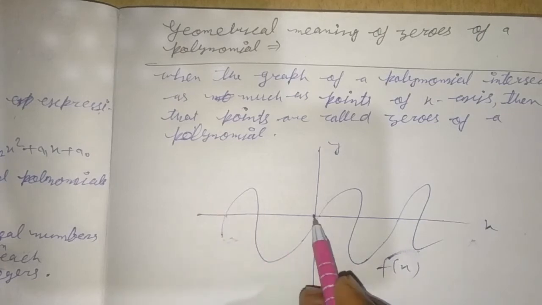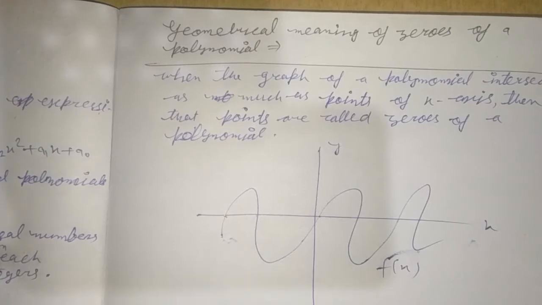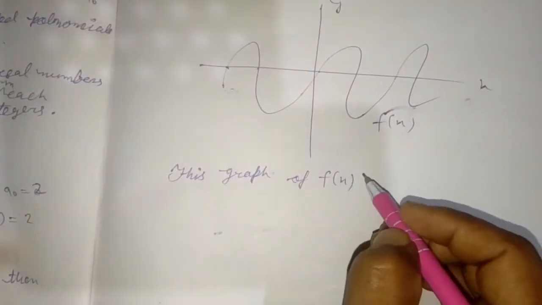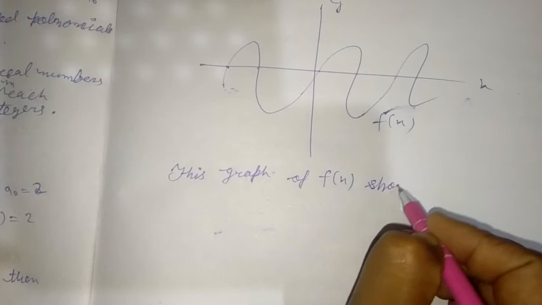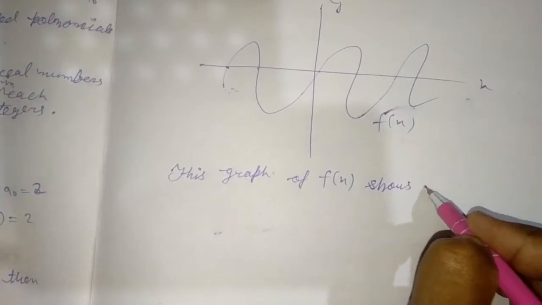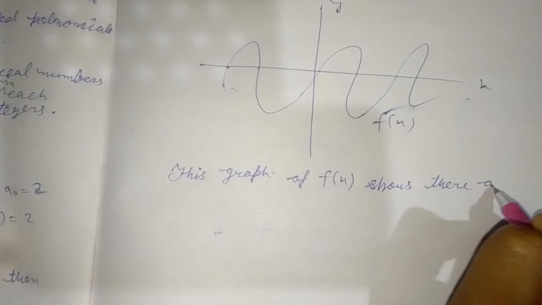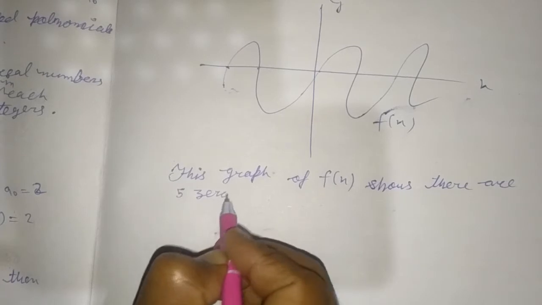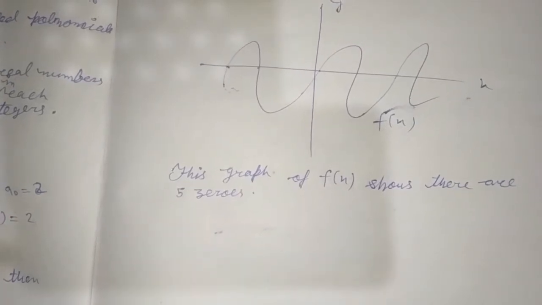Okay, so we can say that this graph of the polynomial f(x) shows there are 5 zeros. Okay, there are 5 zeros.